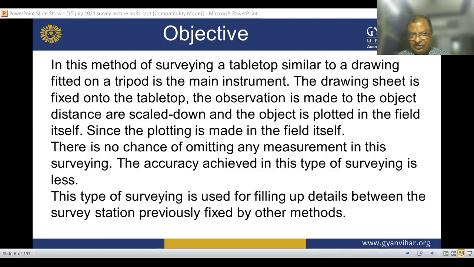Since the plotting is done in the field itself, there is no chance of omitting any measurement in the surveying. The accuracy achieved in this type of survey is less. This type of surveying is used for filling up the details between survey stations previously fixed by other methods.